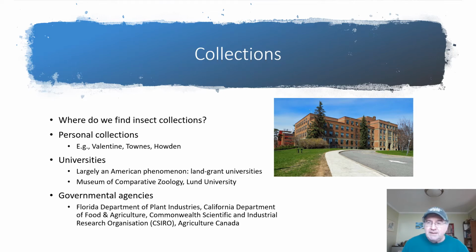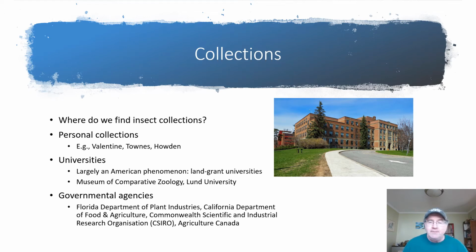Henry Townes was a hymenopterist who from the 1940s, when he began this work, up until he died, I believe sometime in the 1990s, built up this huge collection of Hymenoptera that he eventually incorporated and is now associated with Utah State University. Valentine's collection, by the way, went to the U.S. National Museum of Natural History, the Smithsonian in Washington.